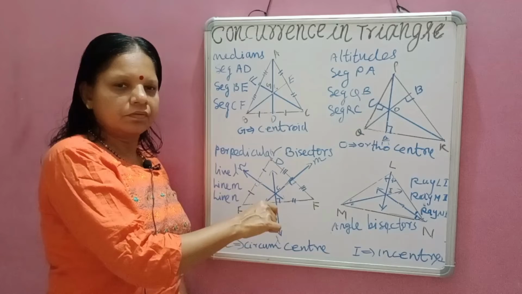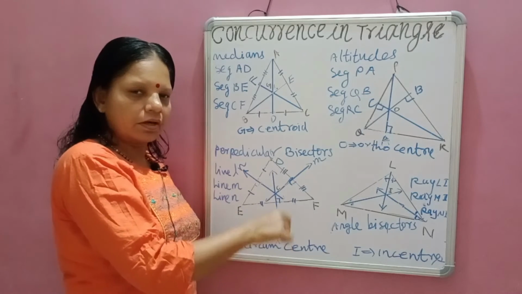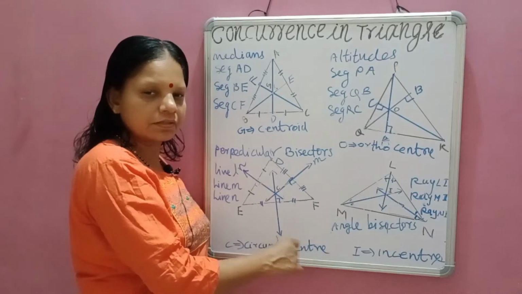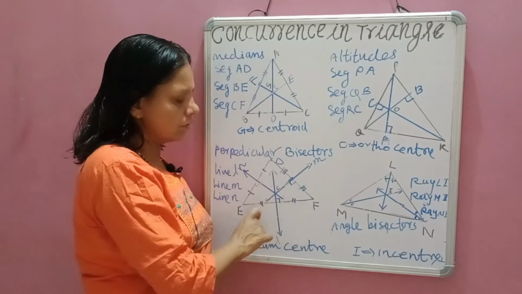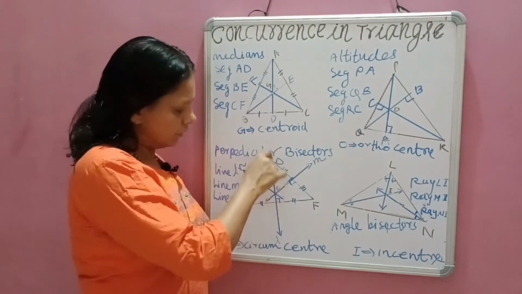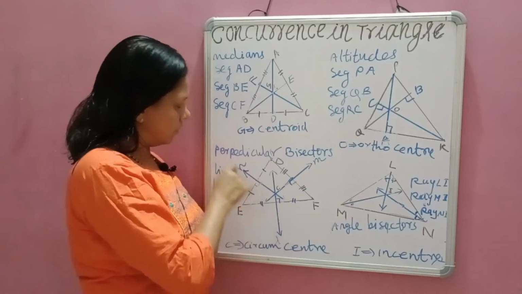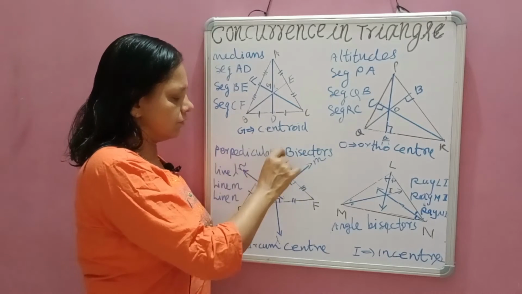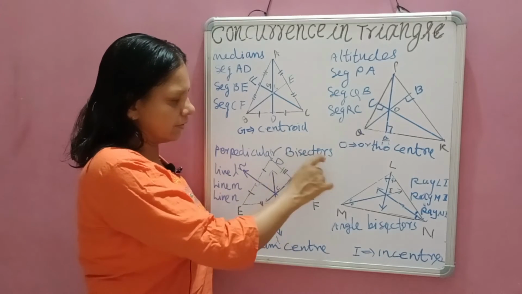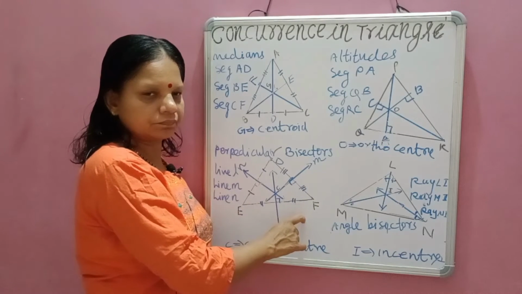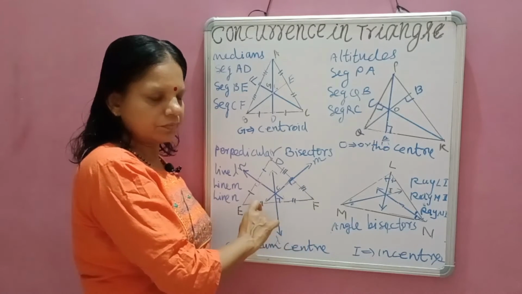The line is perpendicular and also passes through the midpoint, means it bisects, divides into two equal parts, each side. This line is called a perpendicular bisector. Perpendicular means what? At 90 degrees. Bisector means what? Divide into two equal parts.